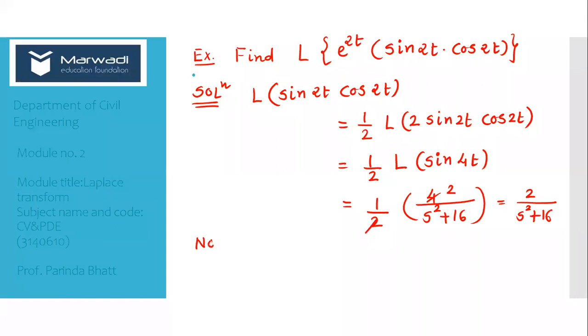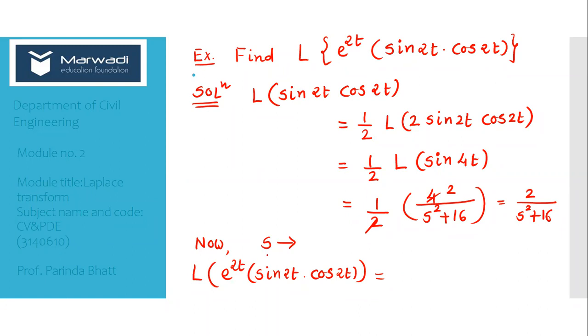Now, when we multiply on the left hand side by e raised to 2t into sine 2t cos 2t, this is applied mathematics, right? Therefore, when we apply it on the left hand side, the change goes accordingly onto the right hand side. Okay, therefore here s is shifted. Here what is the coefficient of t? 2. Now tell me, in place of s, which term do we have to shift?